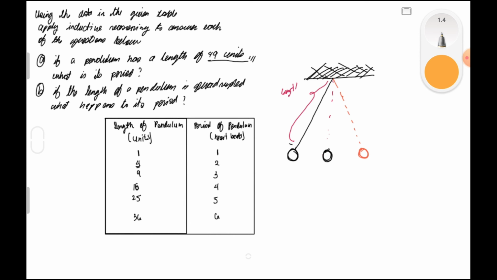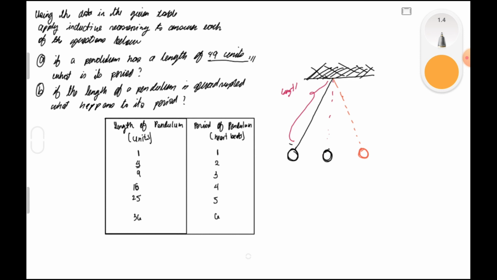So, papasok yung inductive reasoning natin in the sense that we are applying previous results, okay, with respect to the conclusion or to our results that we need to answer based on the question.